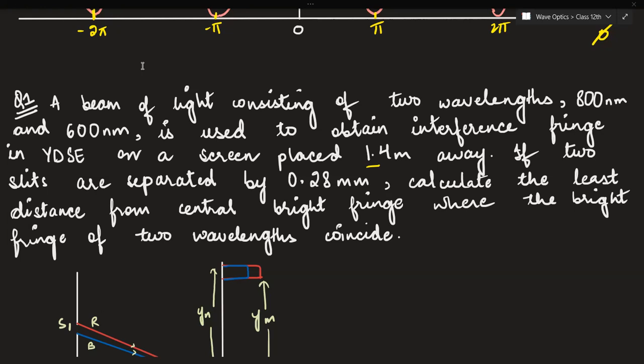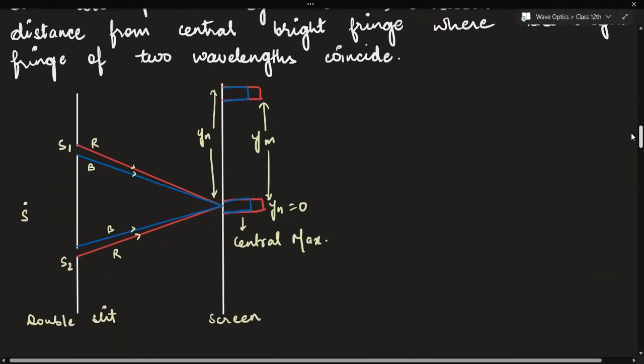So now this says a beam of light is incident having two wavelengths. The 800 nanometer has its own fringes, and the red color is showing the other one, which is 600 nanometer.